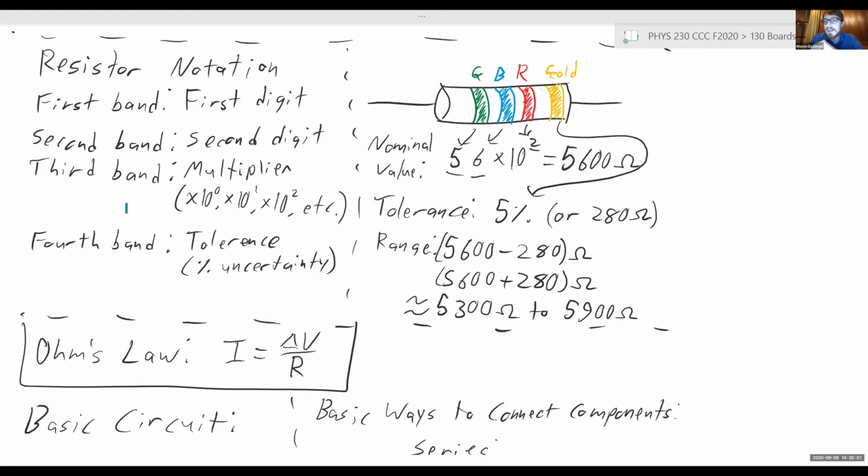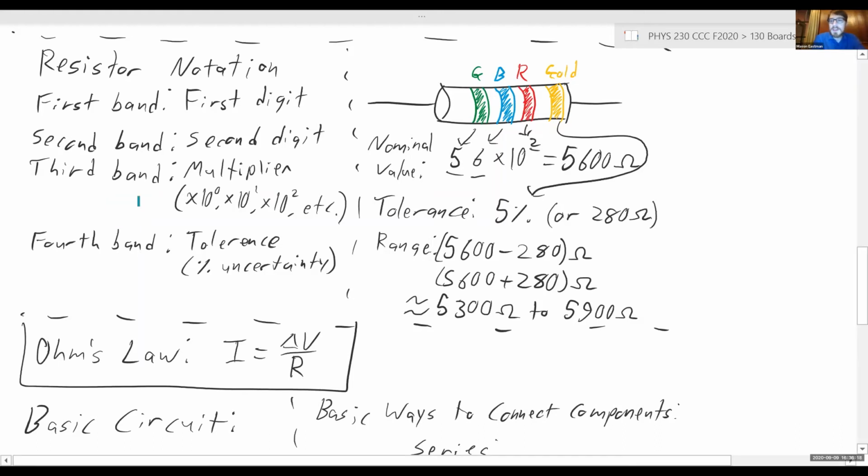There are various different colors representing different numbers. The second band is the second digit. So by reading off the first 2 bands, you have a 2-digit number. And the third band is a multiplier that you multiply that number by to get your final nominal resistance. That's the resistance that the resistor is designed to have.